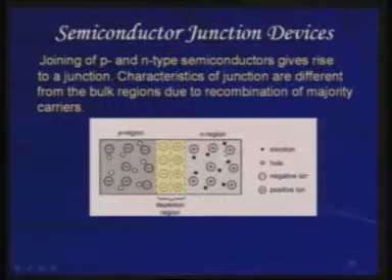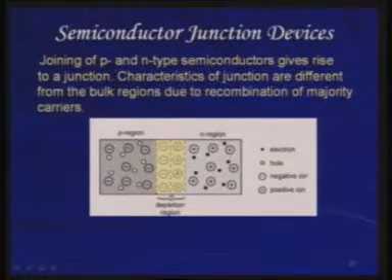Now these positive circles and negative circles shown here are the ions from where these carriers have left. So these are the resident ions there. But when you join these two, in the P region we have holes as the majority carriers, and in the N region we have electrons as majority carriers.